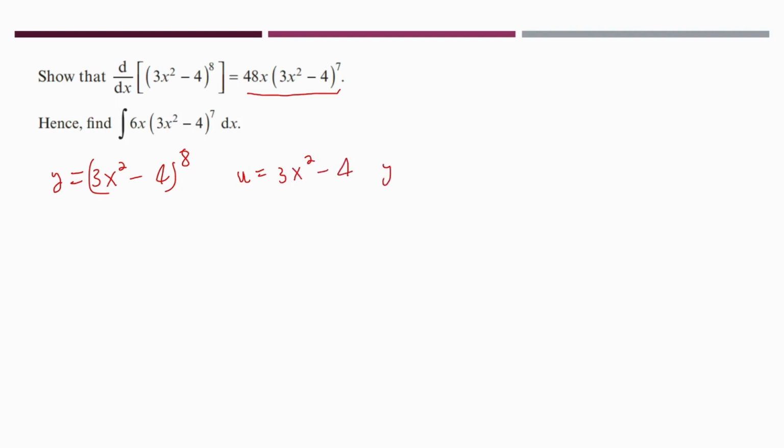Alright, so y is going to become u raised to the power of 8. So what we can do is, first of all, take the differentiation over here with respect to x. du over dx is equal to 3 into 2, 6x. So this is the differentiated form of that, and now dy over du is equal to 8u^7.